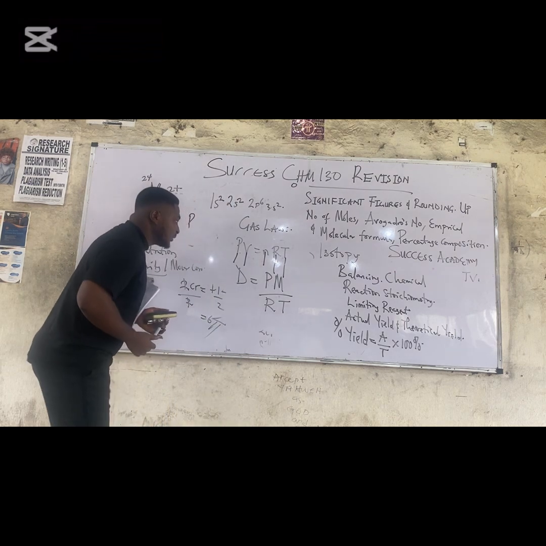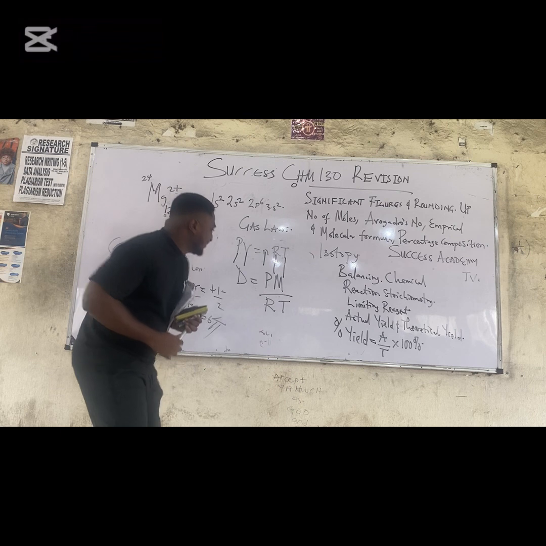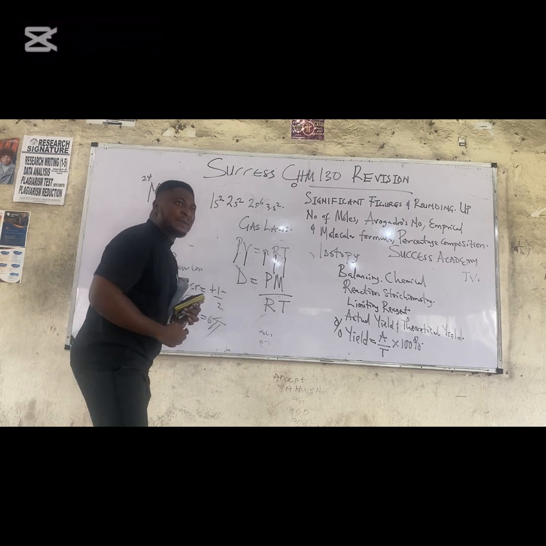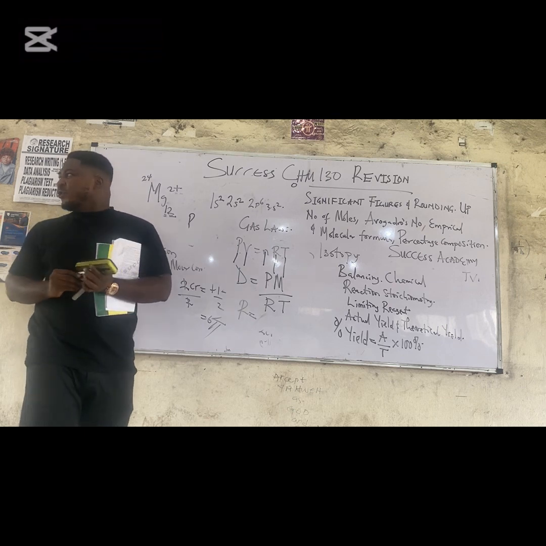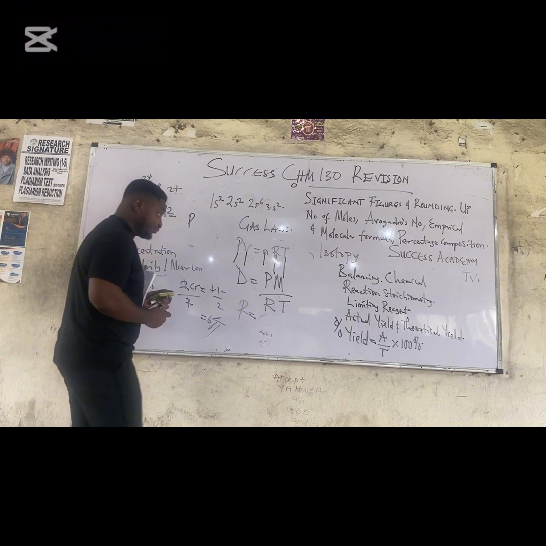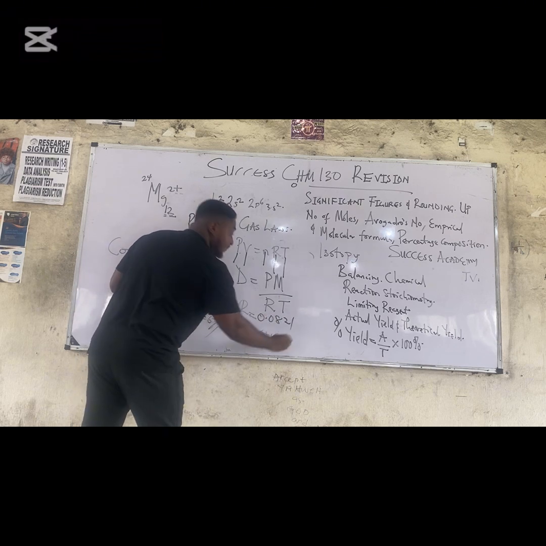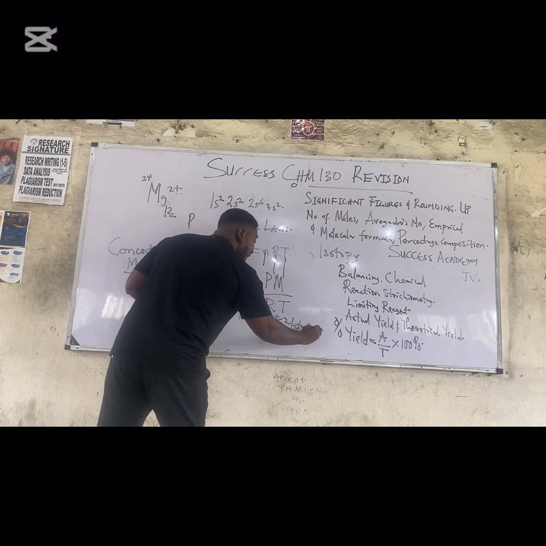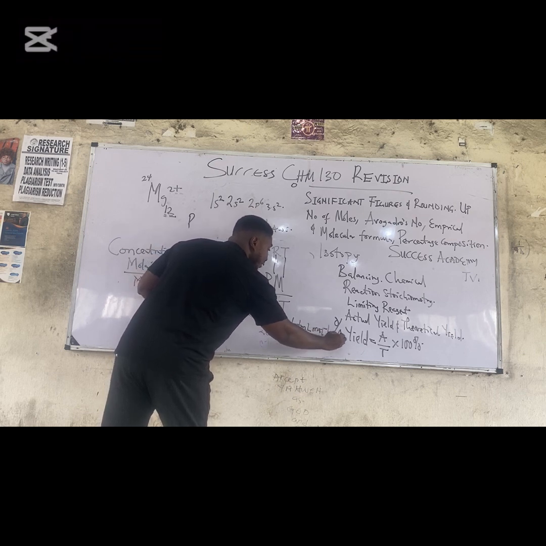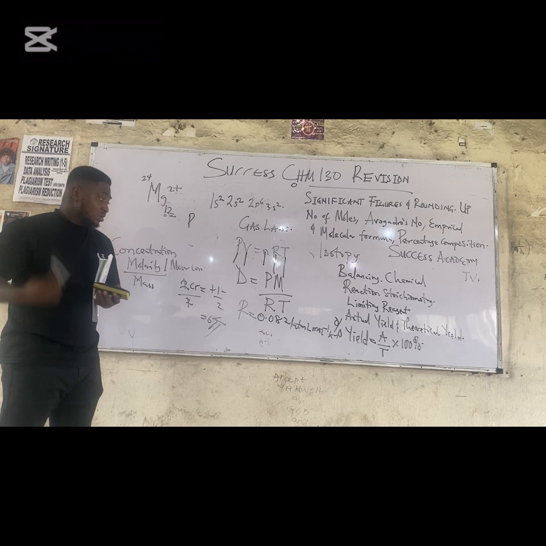Class, follow me. Density of an ideal gas is pressure times molar mass all over gas constant times temperature. Gas constant, class, they can confuse you with this. Your gas constant R can be 0.0821 atm liter per mole per Kelvin.